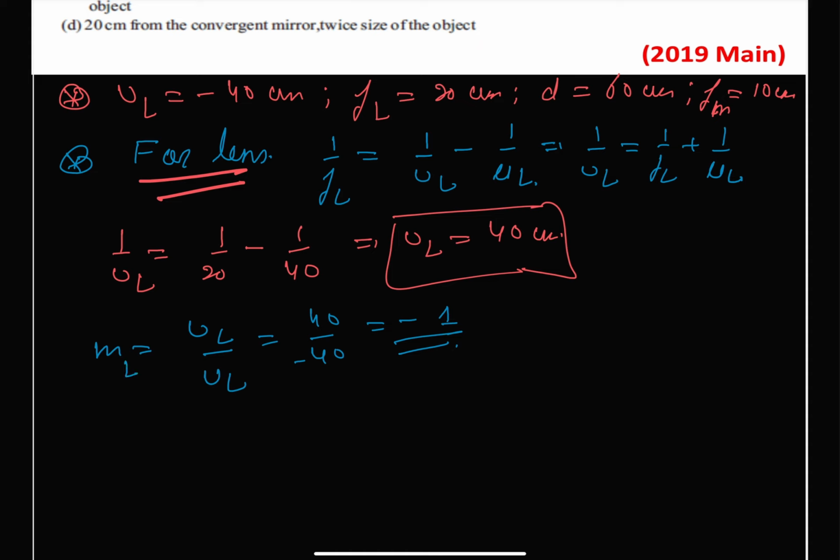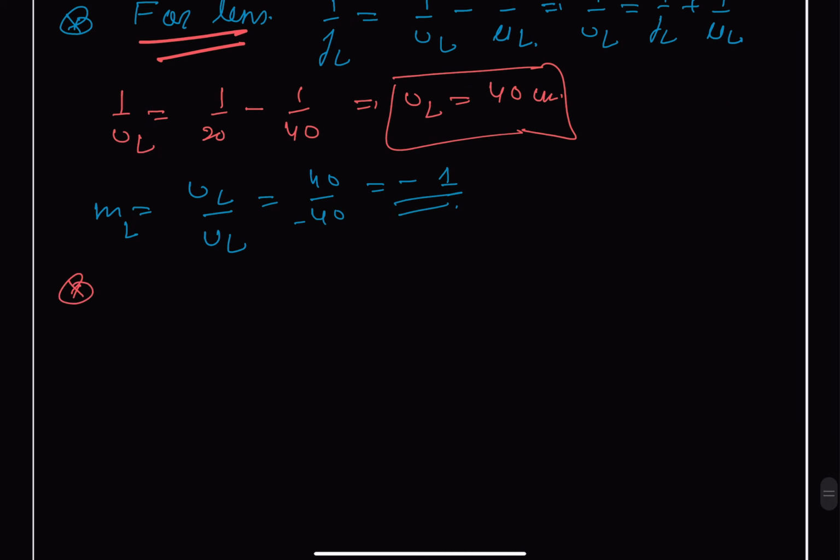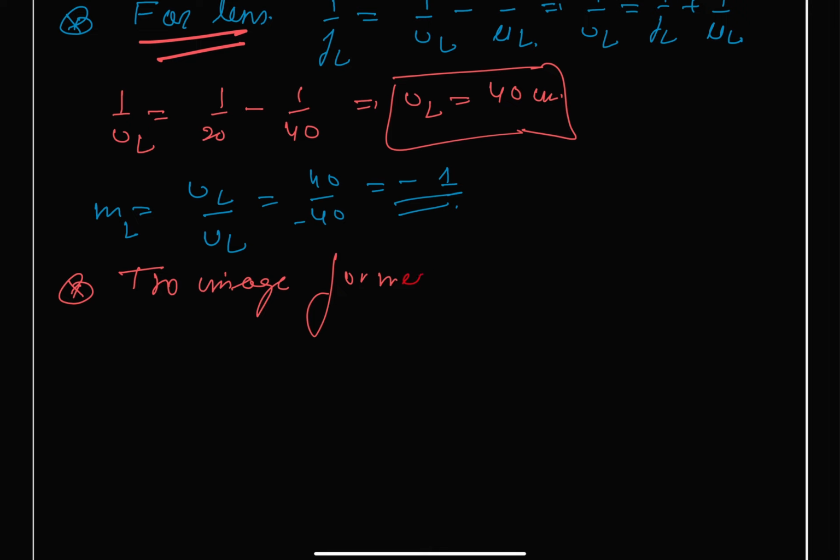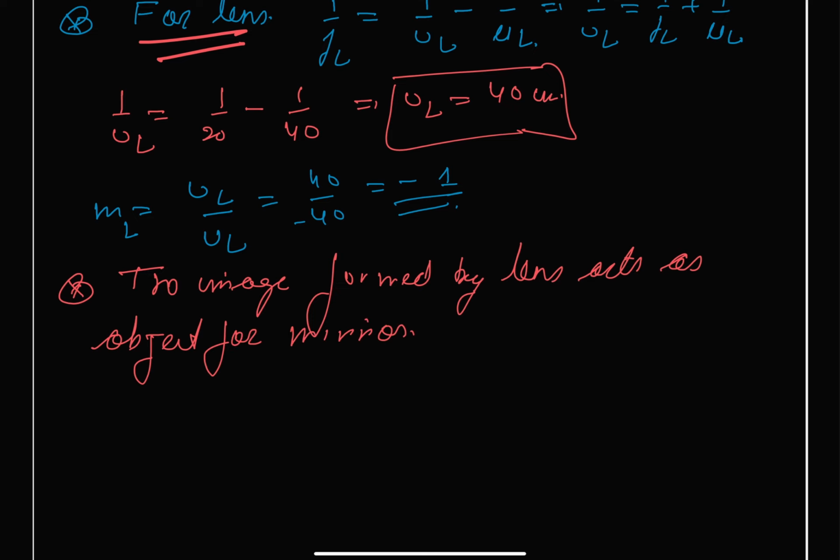Now this image, VL of 40 centimeter, will be acting as an object for the mirror. The image formed by the lens acts as the object for the mirror, and we need to find the object distance for the mirror.